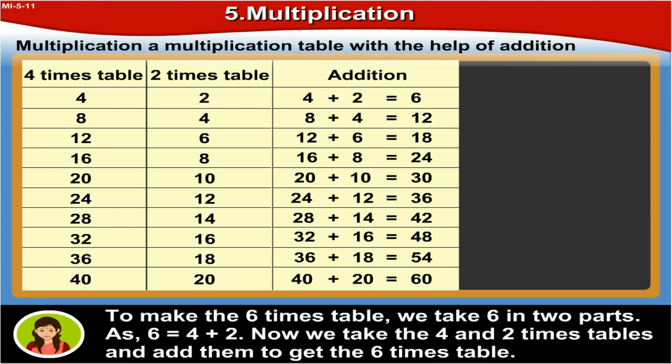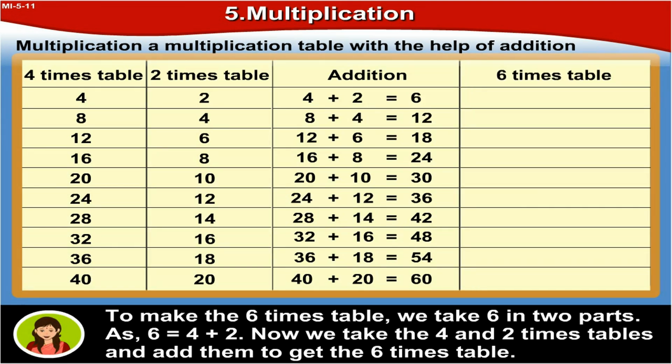All right. Well, we've already done the addition of 4 times table and 2 times table. Now we will learn about table of 6. Kids, you all will recite with me, right? Yes.